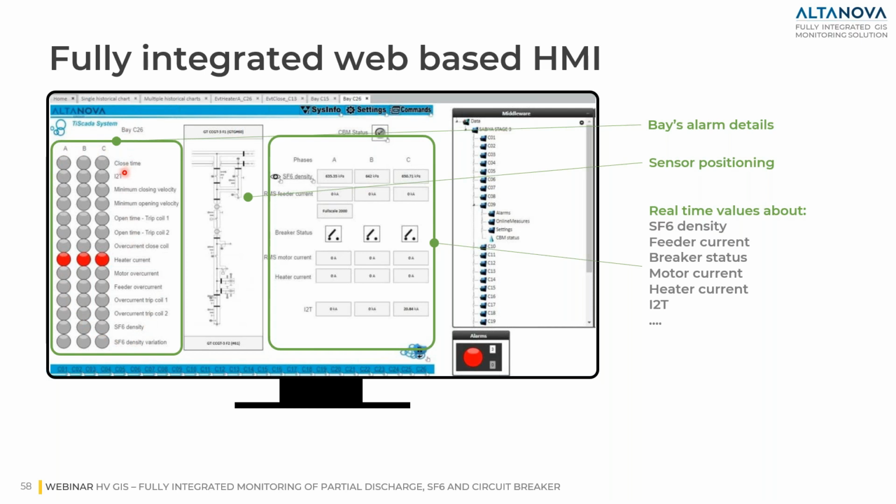We have, for example, for each phase, alarms according to the close time, I²T, the closing velocity, the open velocity, and all the heater current and SF6 density, etc., according to the modules that are integrated in the system. And on the right, we have the real-time values of the SF6 density in this case, or the feeder current, the breaker status, and etc.